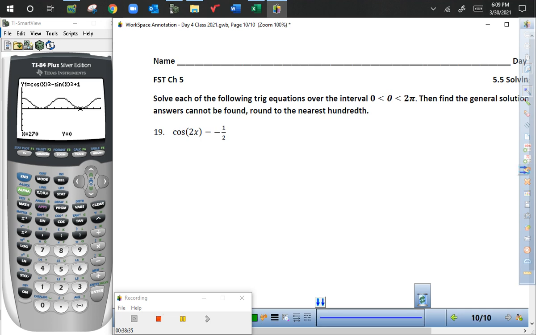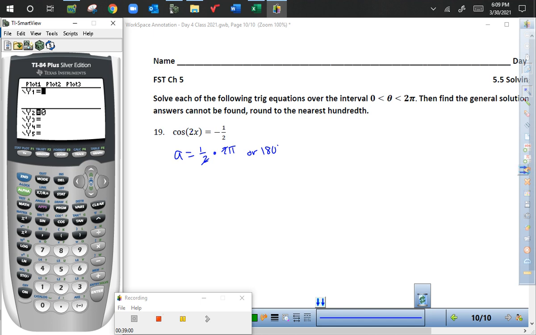Last one here, we've got cosine 2x equals a negative 1/2. Okay, very similar to what we have been doing. The a value is happening, so we're graphing it. Let's find our period so we know what to graph our window as. Multiply by 2 pi. 2's cancel, and we're left with pi, or 180 degrees.